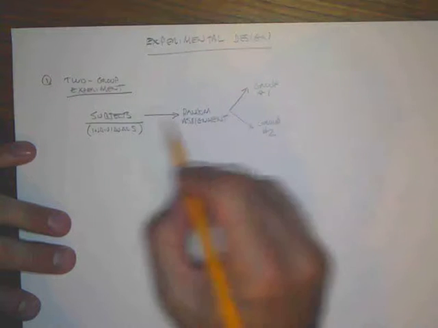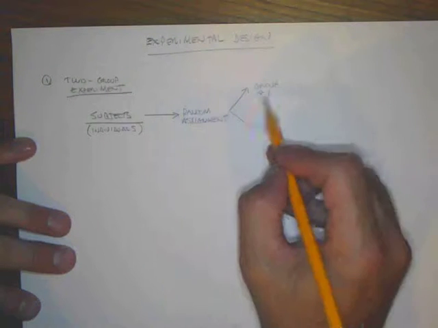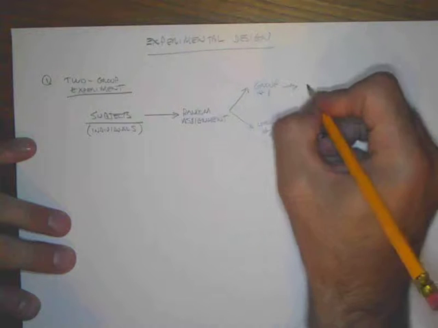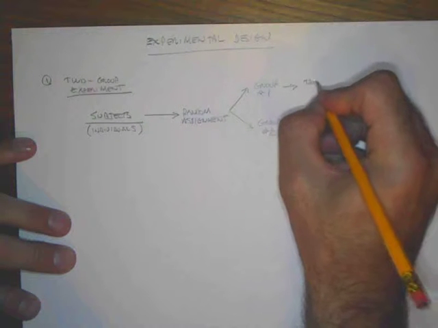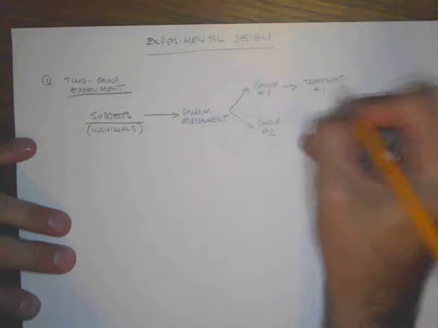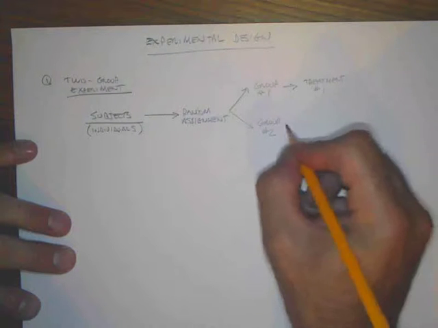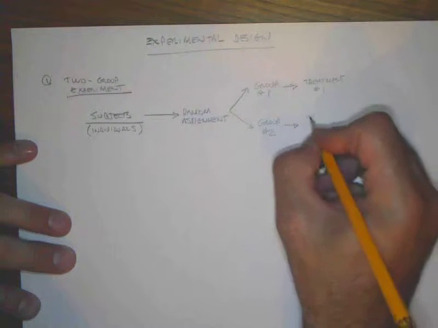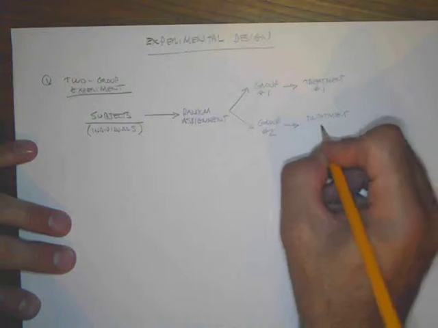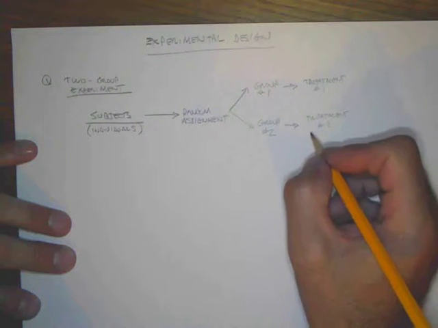Once our subjects are randomly assigned to either group 1 or group 2, we apply a treatment. So this could be treatment number 1, like the SMART pill, and this could be treatment number 2, like the placebo.